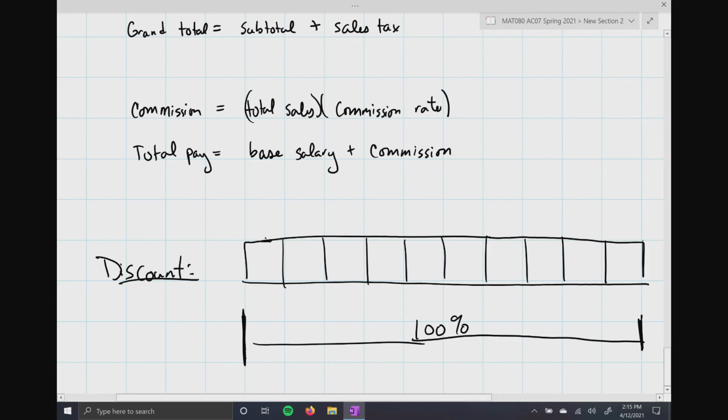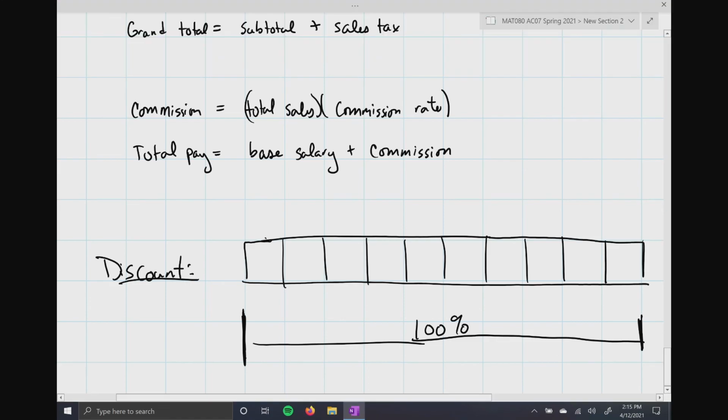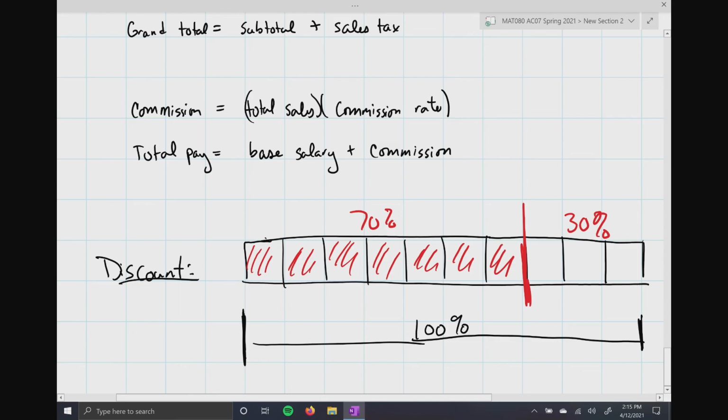Now, if they have a product and they're selling it for 30% off, then you can draw a line right here. What they're actually saying is we're taking 30% off. You are going to pay 70% of what it actually costs, or what we think we're selling it for. Does that make sense?